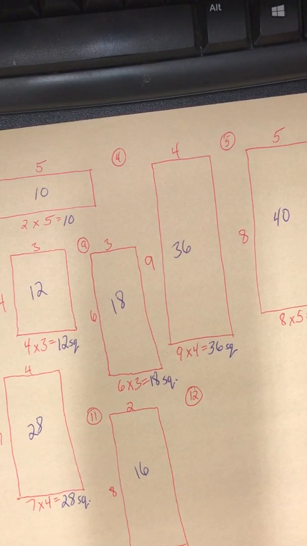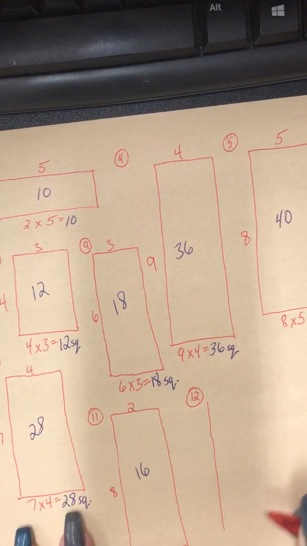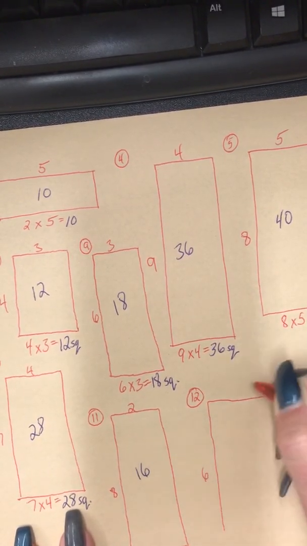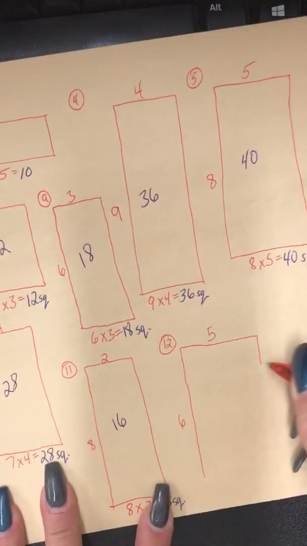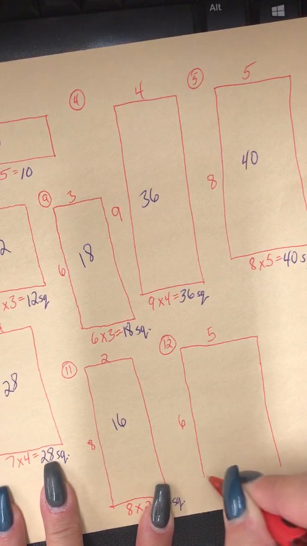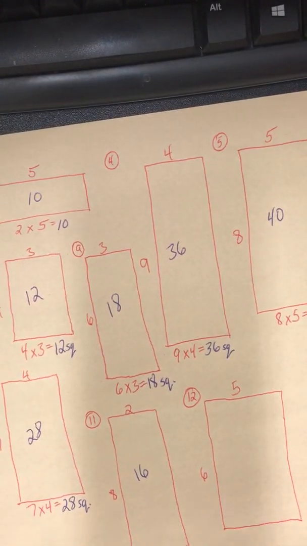Okay, here we go. Number 12. Number 12 is 6 times 5. So I'm gonna have 6 times 5. That's a fairly big one. 6 rows of 5. And I'll get my multiplication chart.